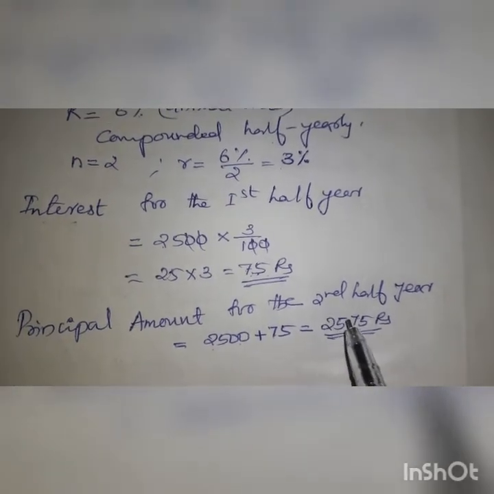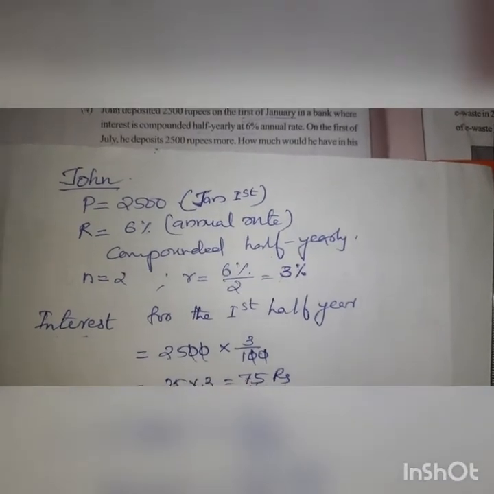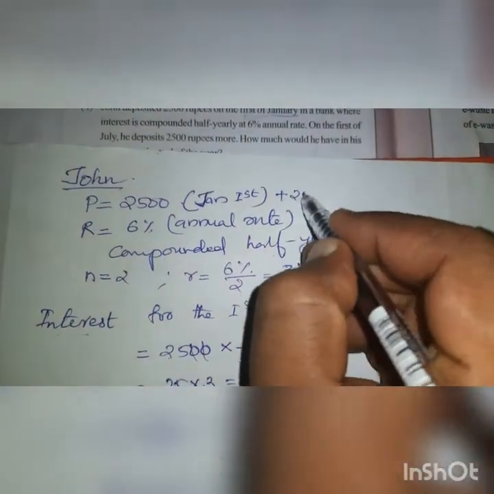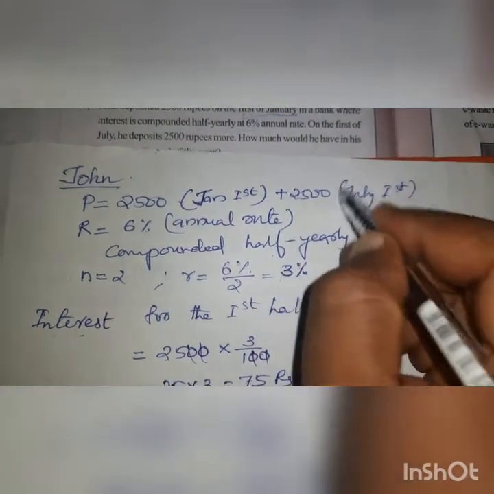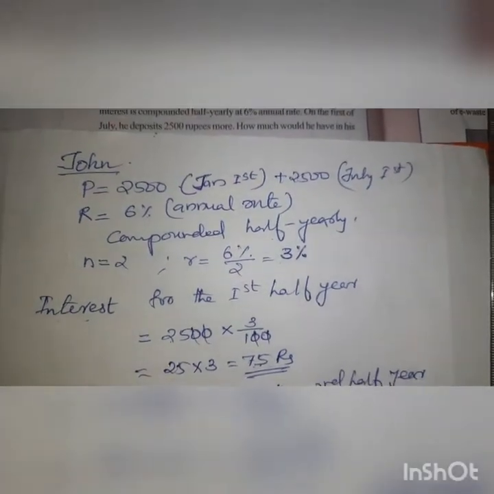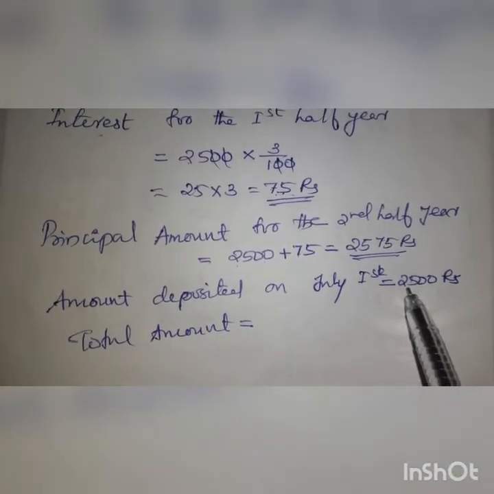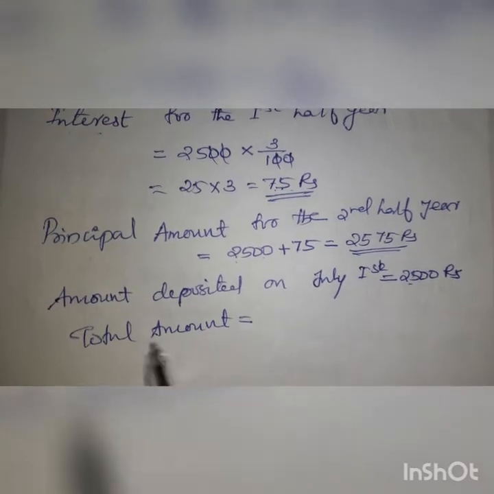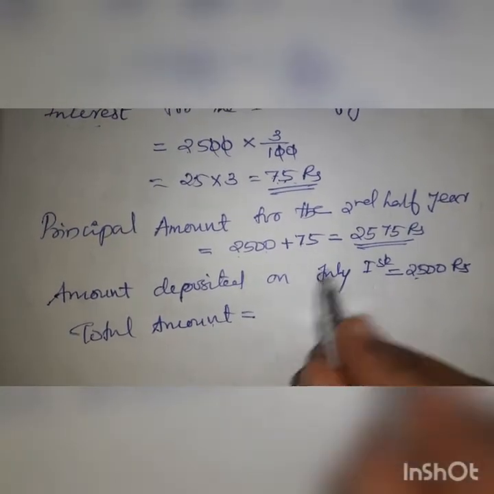And what he did, on July 1st, he again deposited 2500. So the amount deposited on July 1st is 2500. Okay, so what about the total amount?